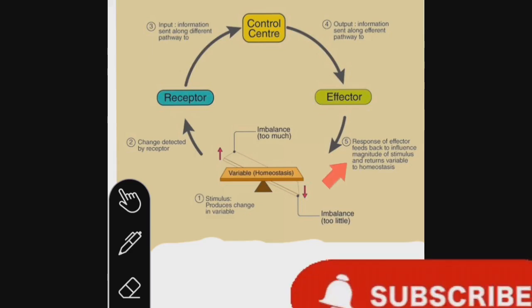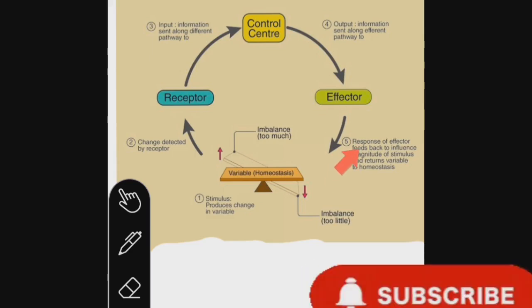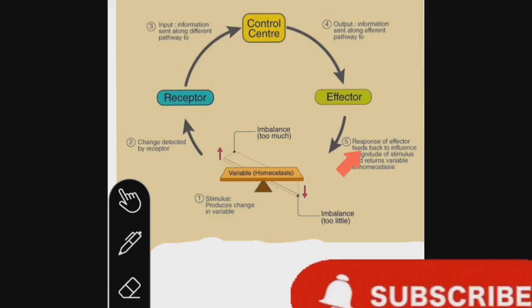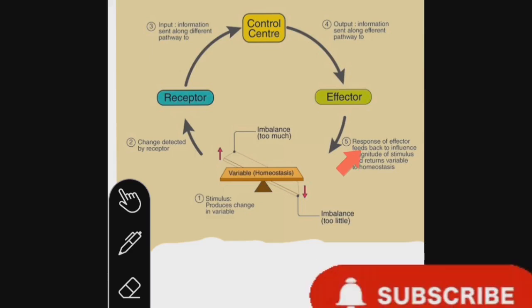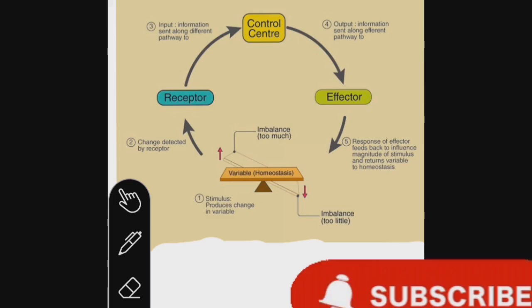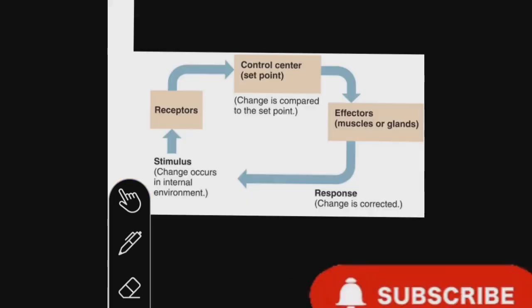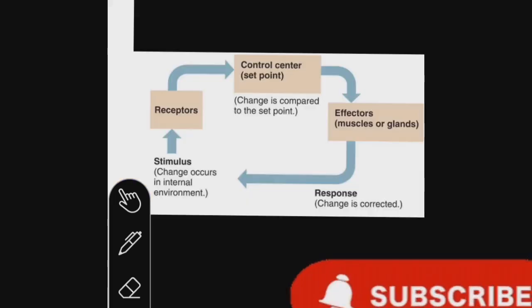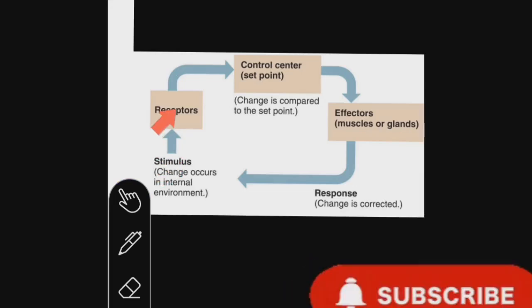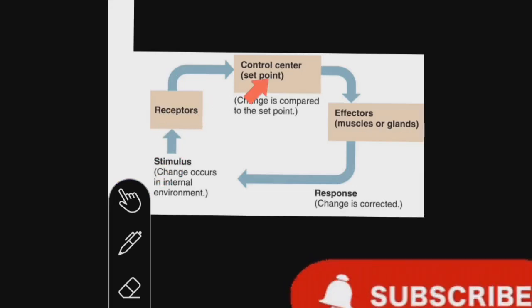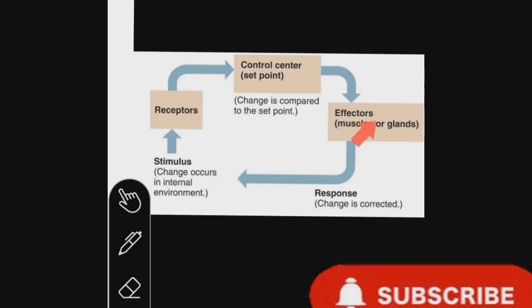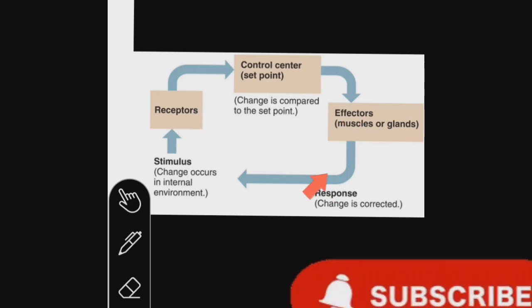And the response is usually an attempt to restore normal balance. So if you understand these five things, physiology becomes easier for you. Again, don't forget the components: stimulus, receptor, control center, effector, and then a response is made.